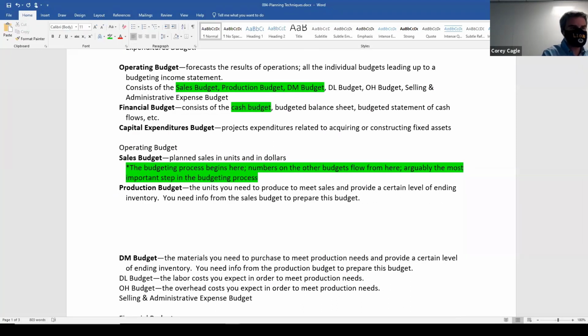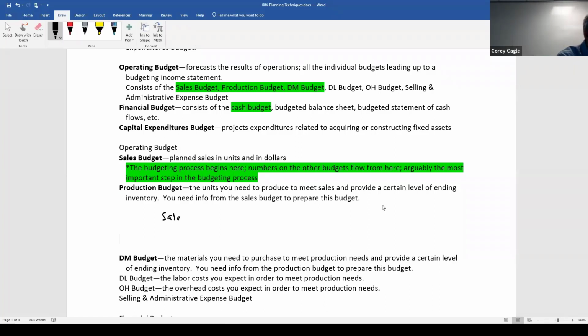So your production budget is going to be unit sales, which comes directly from the sales budget, plus your target ending inventory. The problem will give you some idea of how to calculate that.